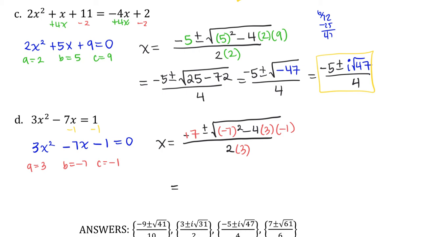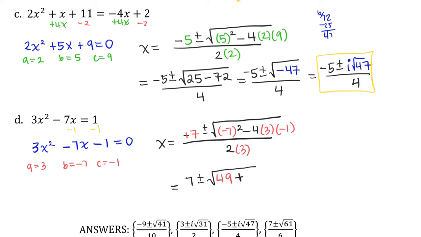I'm going to go lower. Positive 7 plus or minus negative 7 squared. Negative times negative is positive. 7 times 7 is 49. Minus, oh, well, this is minus 4 times 3 times a minus 1. If I do the minus times the minus, it's going to switch it to a plus.